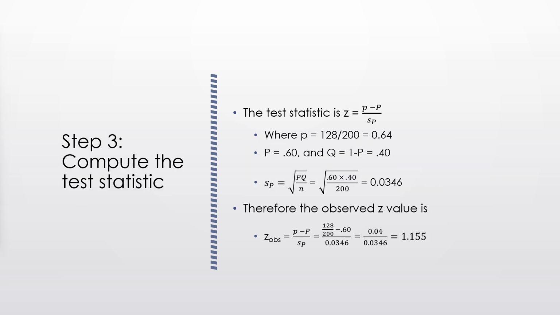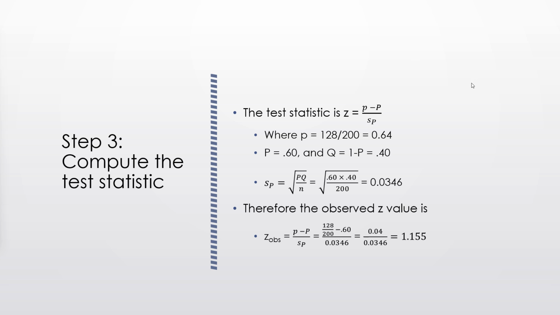In step 3, we calculate the observed statistic and find its p-value. The formula is Z equals the difference between the sample proportion and the population proportion over the standard error of the proportion.